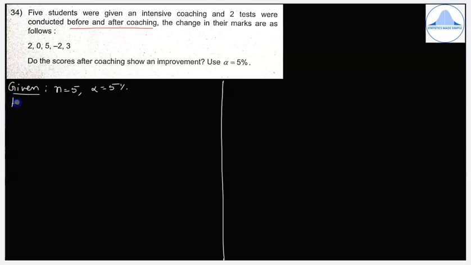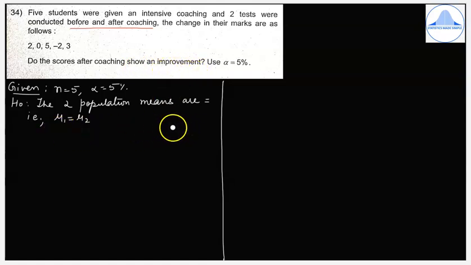So the paired t-test H0 is the two population means are equal, that is mu1 is equal to mu2. Now the question asked is, do the scores after coaching show an improvement? So let us write the alternative correctly.